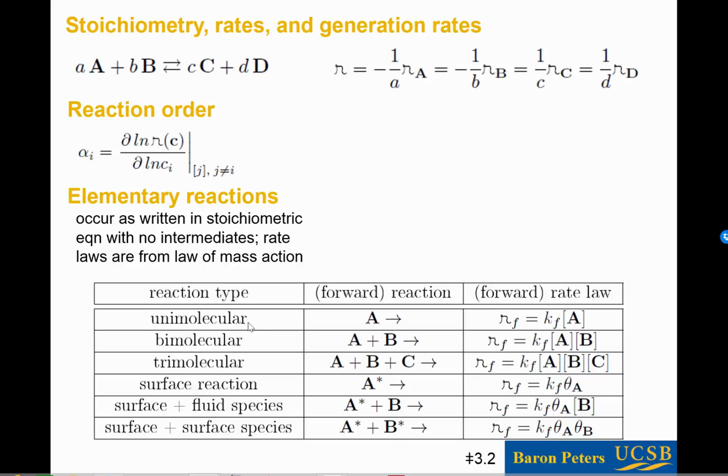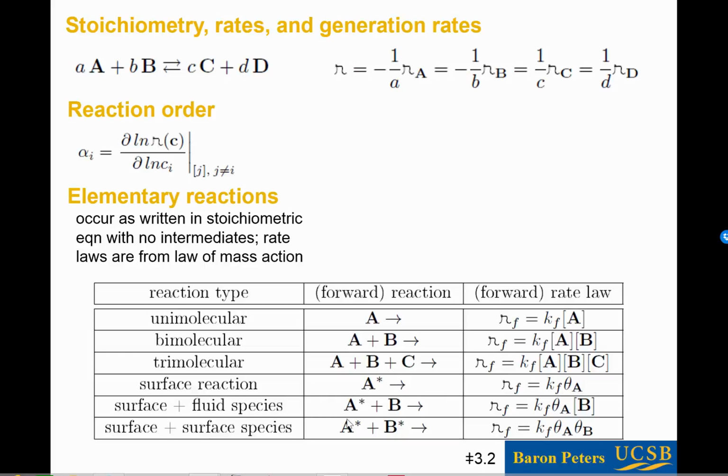If you have a unimolecular reaction where species A is converting to some product, then the forward rate law for that process would be just a constant times the concentration of species A. If it's a surface reaction, you might have a surface adsorbate A that converts into some products, and that reaction would have a forward rate law that's just a constant times the coverage of species A. And sometimes you can have things that involve both.